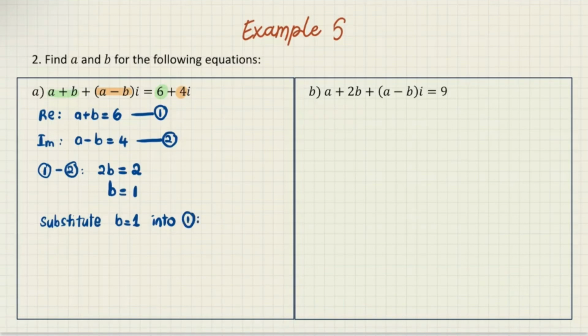And here we get, A plus 1 equals to 6 and hence A is equal to 6 minus 1, which is 5. So therefore A is equal to 5 and B is equal to 1. So that is our final answer. Okay, easy comparison, right? So far okay? Can you follow?